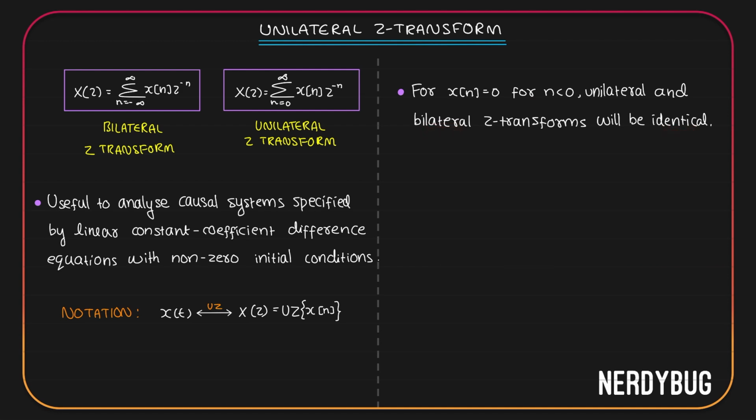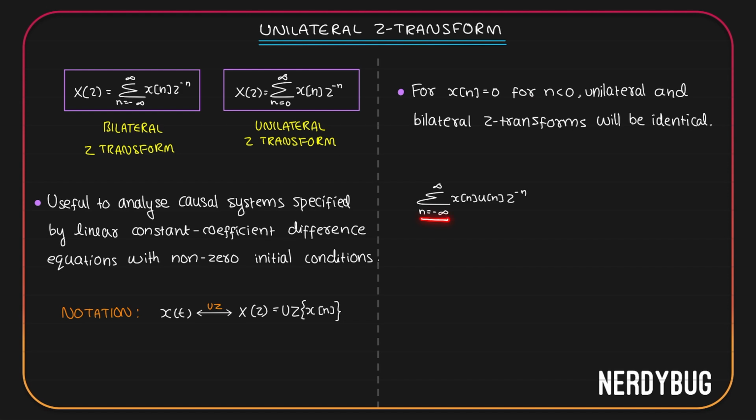Now let us take the bilateral Z transform of x[n] multiplied by u[n]. That is the summation from n equals minus infinity to infinity of x[n] u[n] z^(-n). But u[n] is non-zero only for the values of n that is greater than or equal to 0. For every value of n that is less than 0, u[n] is 0. So we don't have to take the summation from minus infinity.